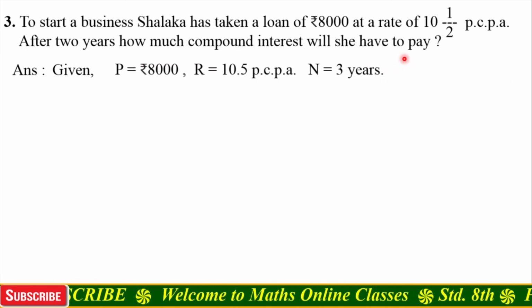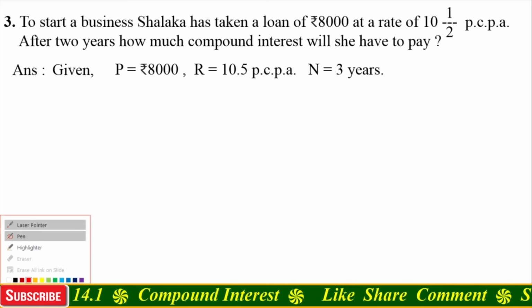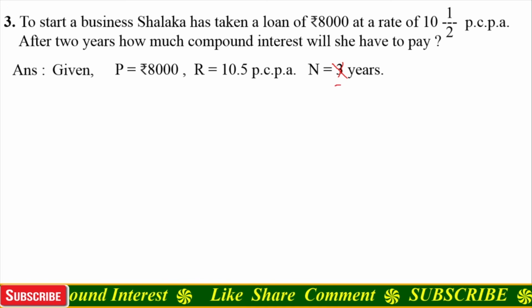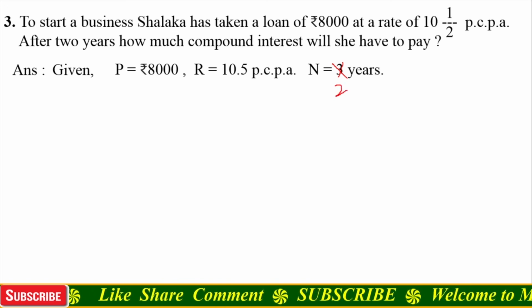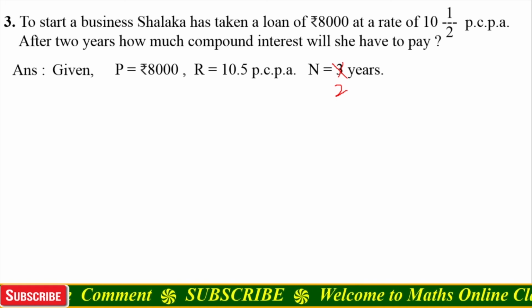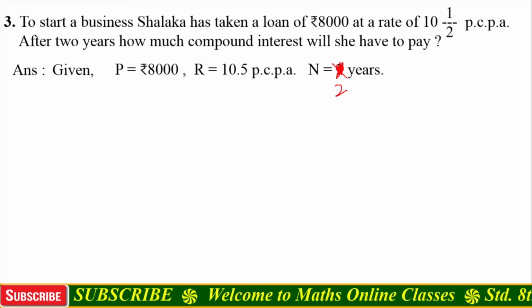Principal is equal to 8,000. Here by mistakenly I have taken here 3. It should be 2. Make it here 2 years. 10.5 it means 10.5 PCPA. Do this correction. Instead of 3 you have to take it here 2.